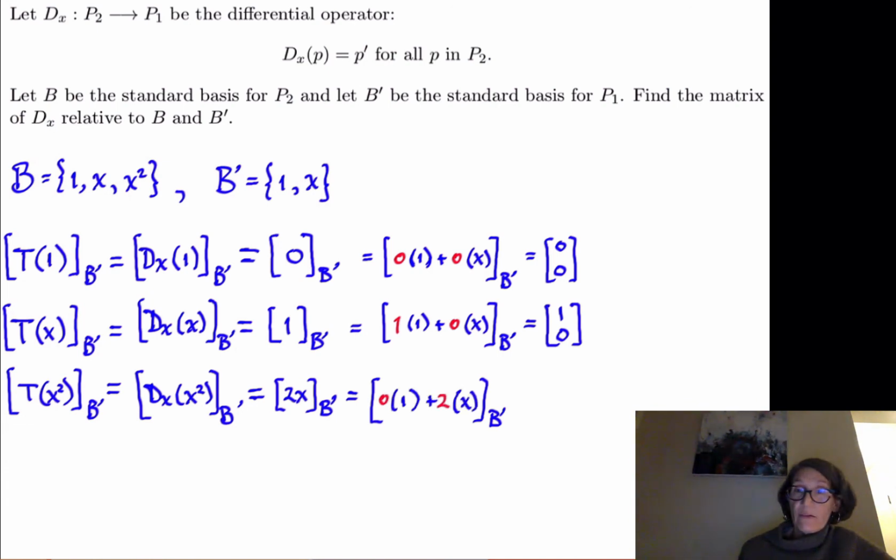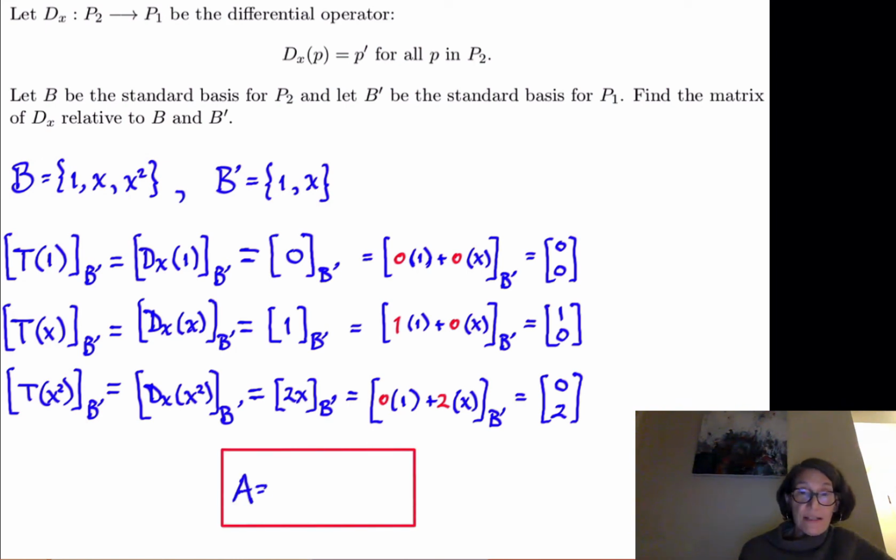And then the coordinate vector of that relative to B prime is just the vector whose components are the two coefficients, 0 and 2. All right, so we have found the 3 columns of our matrix. So we can write down the matrix A is the matrix whose first column is 0, 0, second column is 1, 0, and the third column is 0, 2.